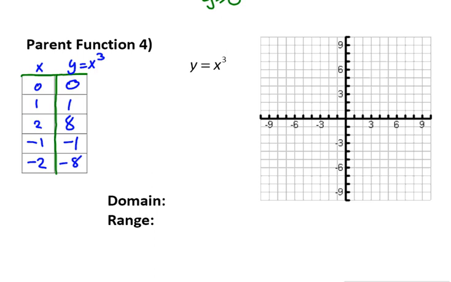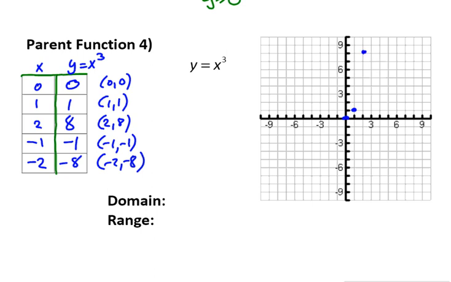So we're going to graph those ordered pairs. And get 0, 0, 1, 1, 2, 8, negative 1, negative 1, and negative 2, negative 8.